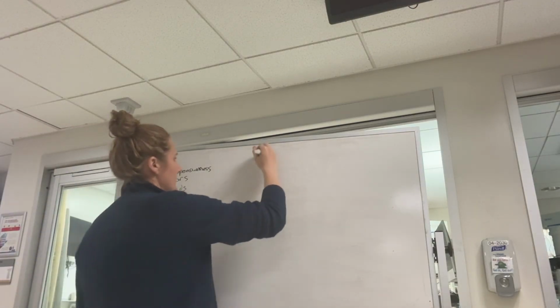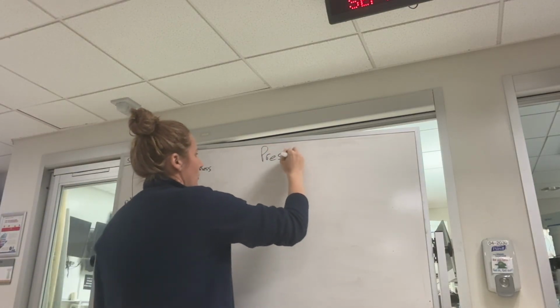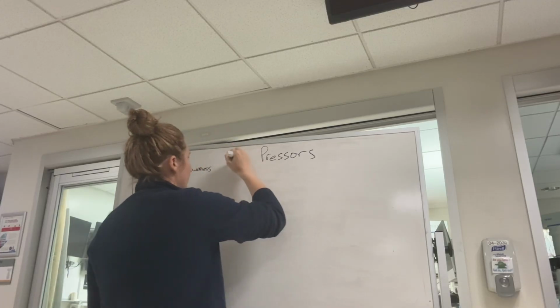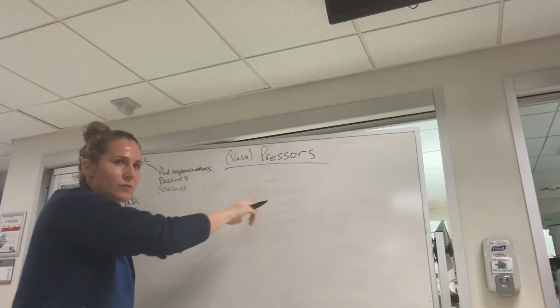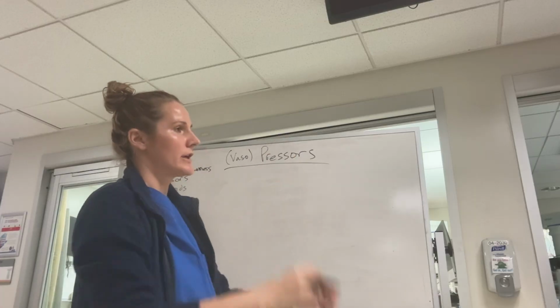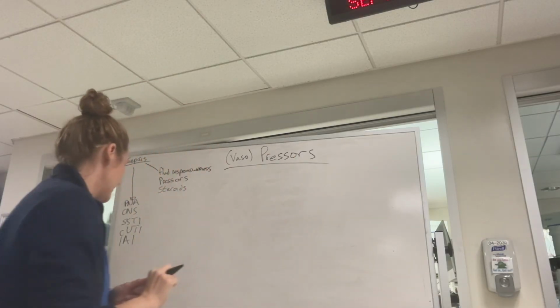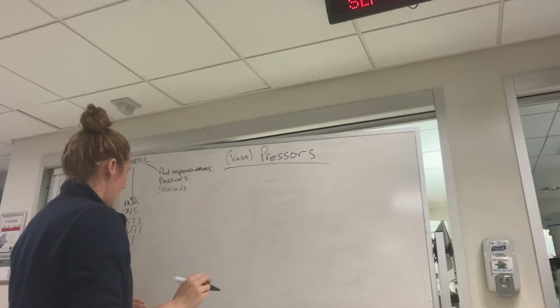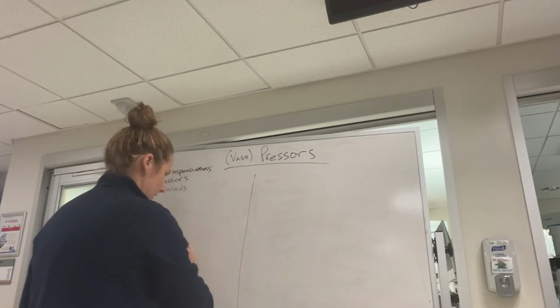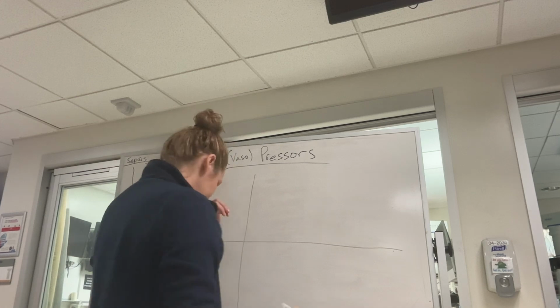All right, so pressors. We call them pressors, but technically they're vasopressors. So these are medications that will increase your blood pressure. I like to think of them on a 2x2 grid.